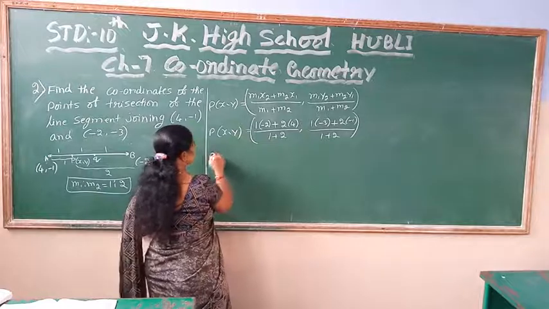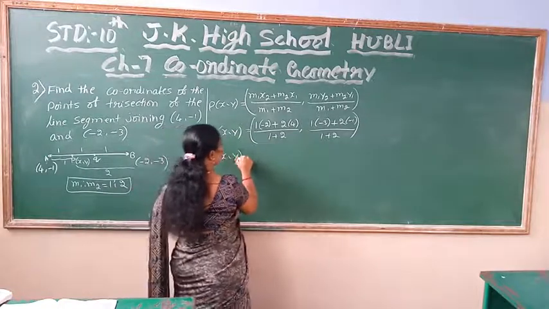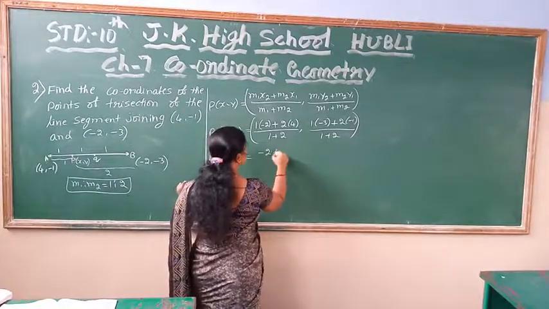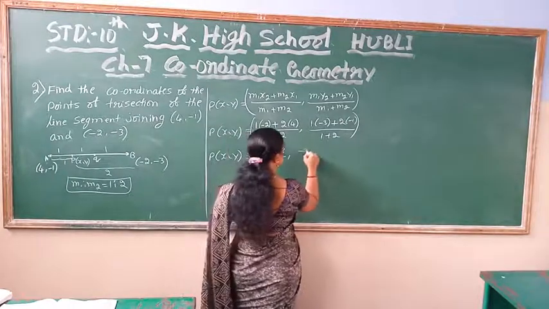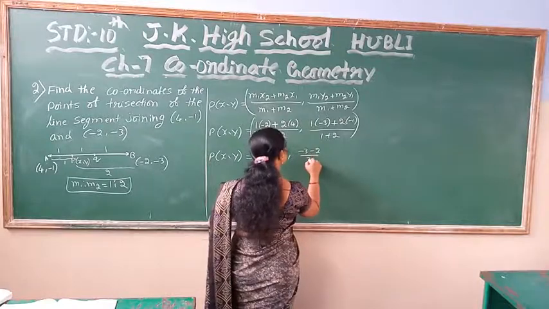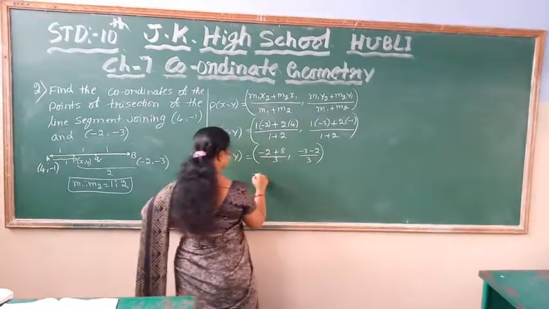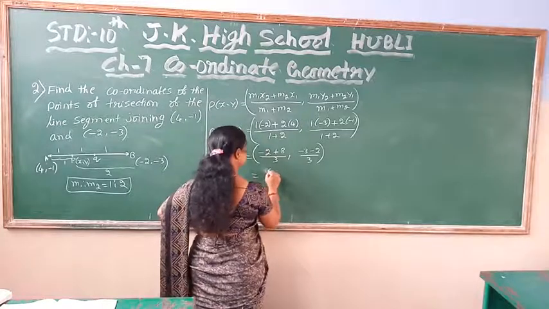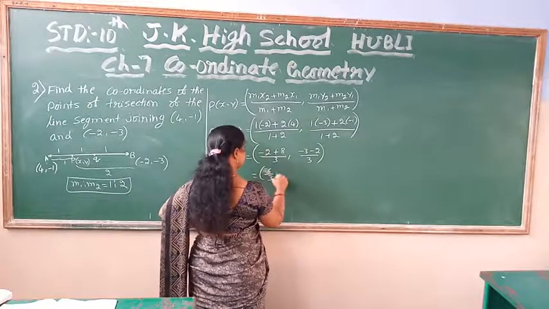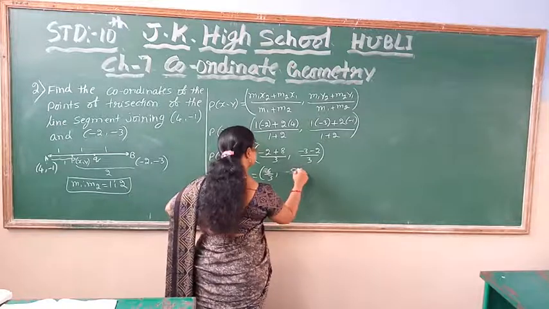So the P coordinates are minus 2 plus 8 divided by 3, minus 3 minus 2 divided by 3. So 8 minus 2 is 6, 6 by 3 is 2, and minus 3 minus 2 is minus 5 by 3.